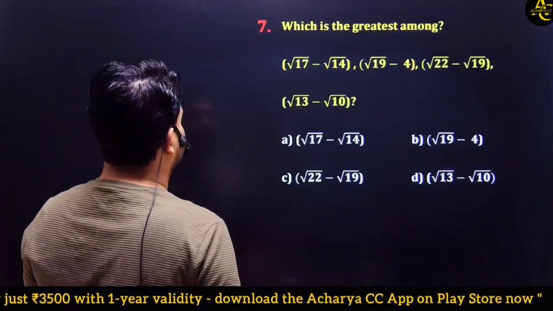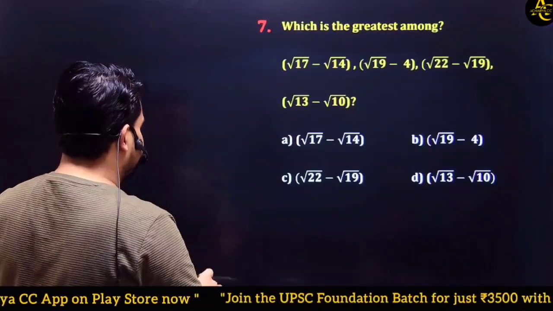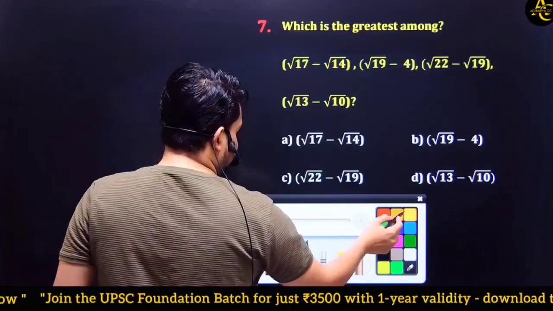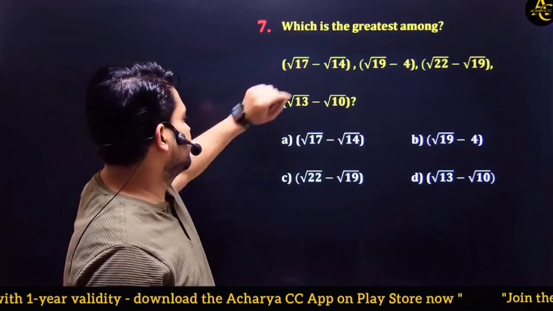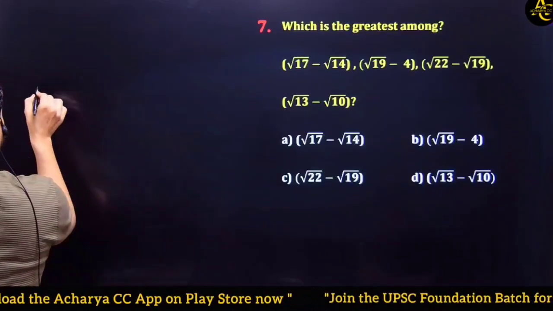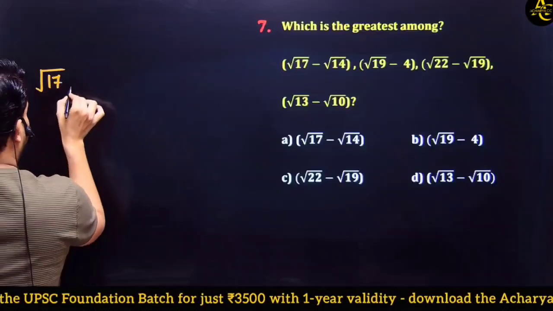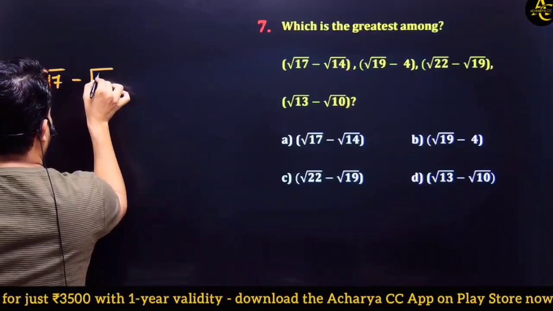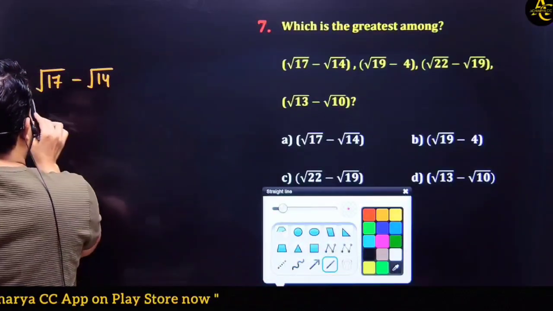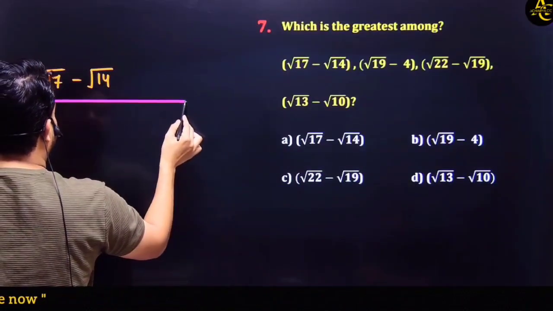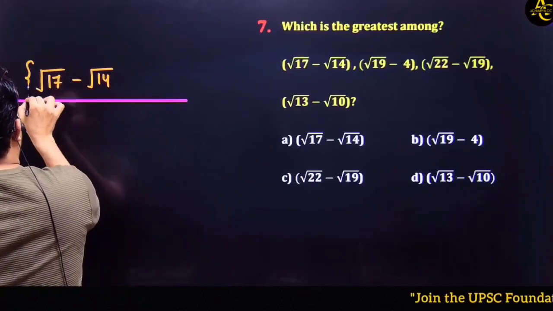Next. Which is the greatest among these? I will tell you a trick to solve this type of question. See, take any of them. If I take this one, root 17 minus root 14, what I am doing here is multiplying numerator and denominator by the conjugate of this number.